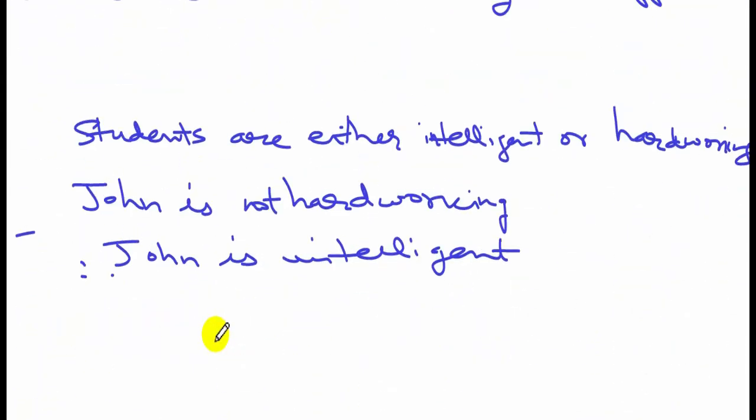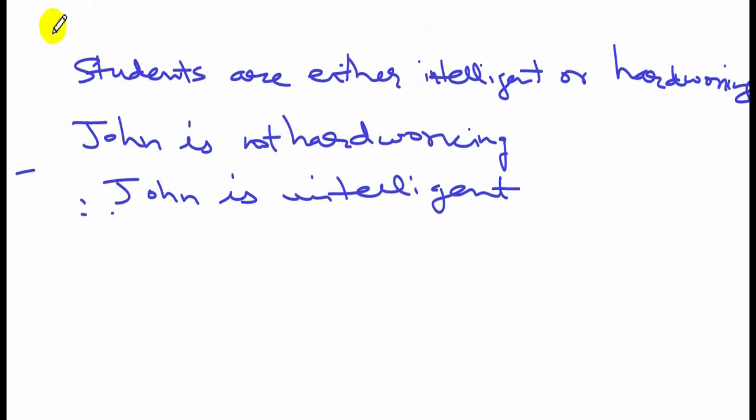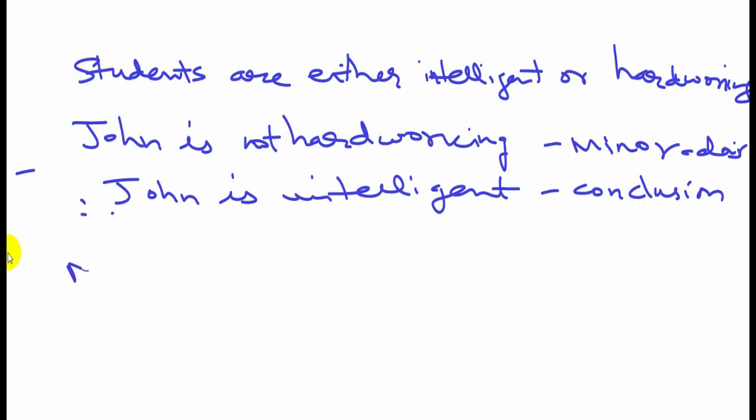So, this is the minor premise, and this is the conclusion. When the minor premise denies, then it is said to be in modus, M-O-D-U-S, modus tollendo ponens.